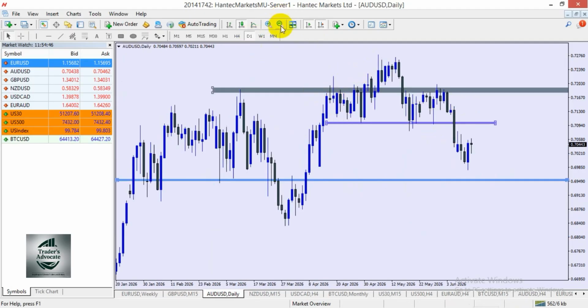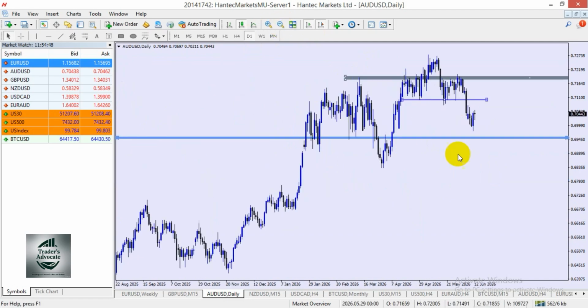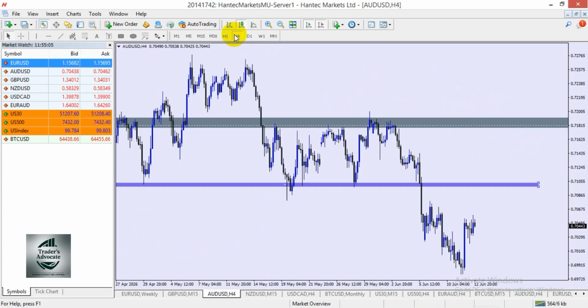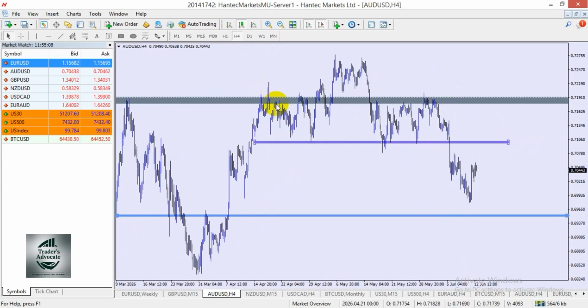So what would be the rules of engagement? If you are an intraday trader, you can wait for price to pull back here for a retest of here. Go to the 4 hours time frame, draw your counter trend line, break off your counter trend line and start selling all the way down here. But me being a conservative trader, I will wait for the right shoulder to actually occur before I start selling. So the left shoulder, this is the head, this is the right shoulder.